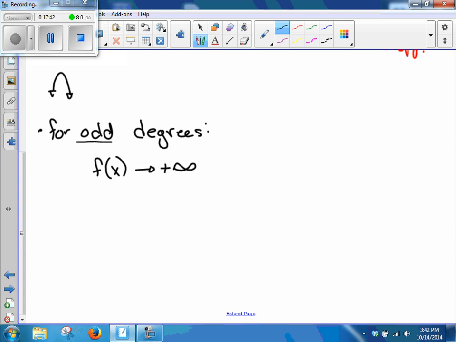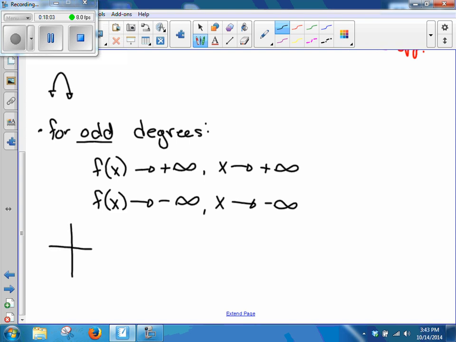All right, so as your function approaches positive infinity, your x's were approaching positive infinity as well. And then as your function approached negative infinity, your x approached negative infinity as well. Think of a line. If you graph a line, as your x's get bigger, your y's get bigger.